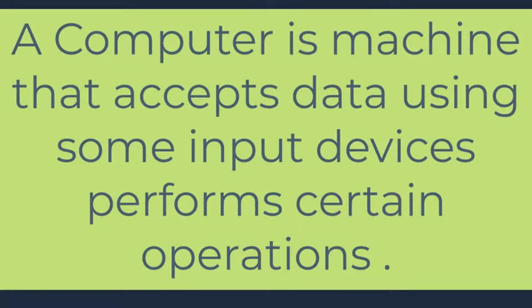A computer is a machine that accepts data using some input devices, performs certain operations on the data according to a certain sequence of instructions, that is a program, and displays the results of those operations.